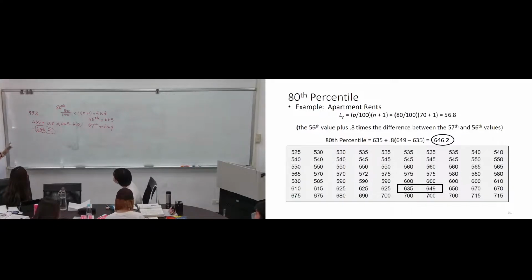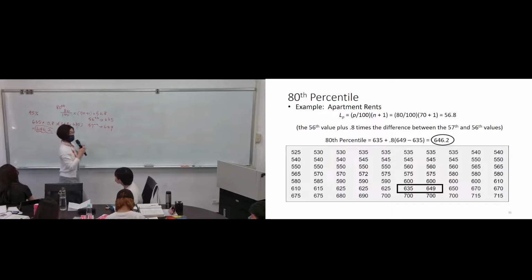So about 80% or more of the apartment rents take on the value of $646.20. But the other ones, less than or equal to 80% of the apartment rents, are below $646.20.